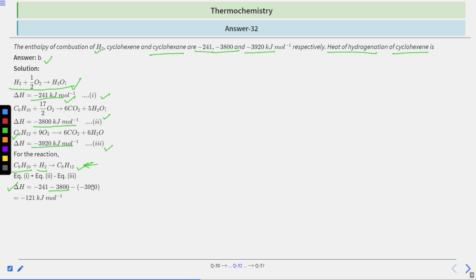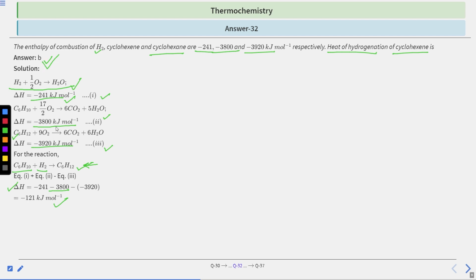So minus 3920, and minus minus will become plus, and we have to add these two and then subtract from these. So the final enthalpy of hydrogenation of cyclohexene is coming out as minus 121 kilojoule per mole. Hence option B is the correct answer.